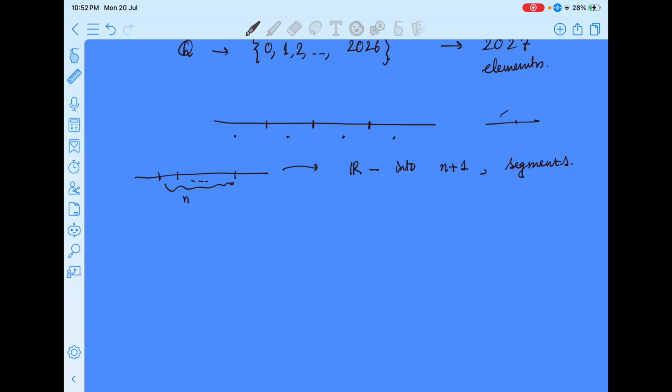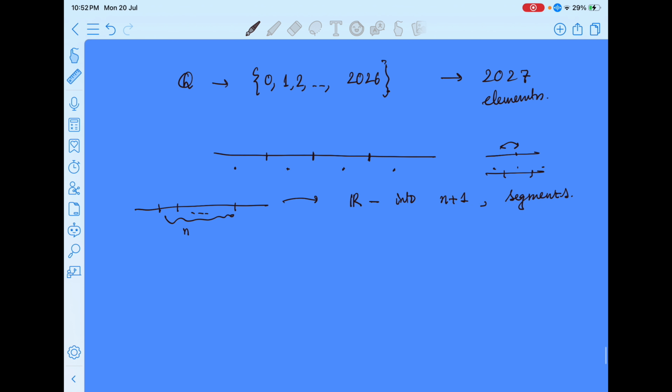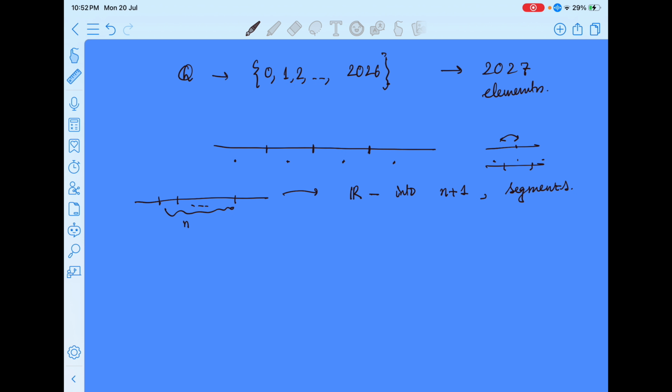Because 1 point divides into 2 parts, 2 points divide into 3 parts, and so on. So let us choose irrational numbers in increasing order.